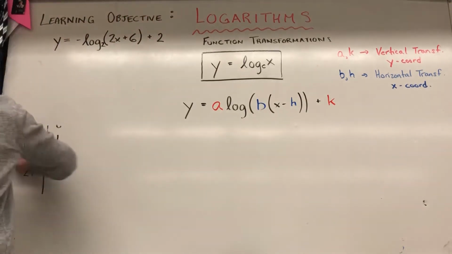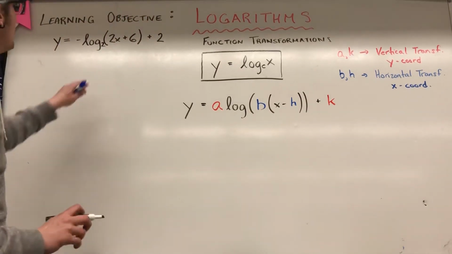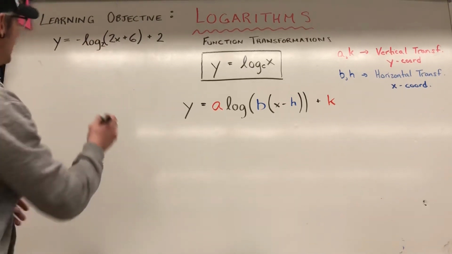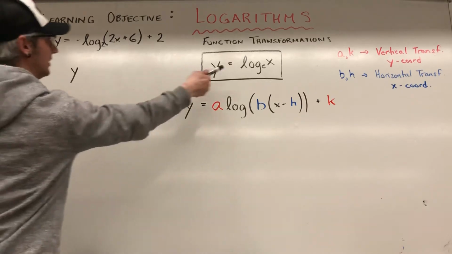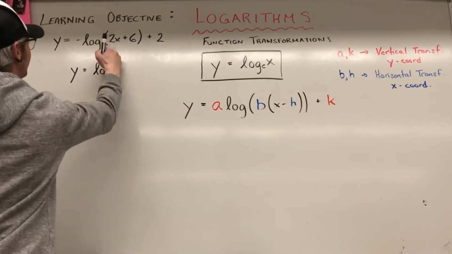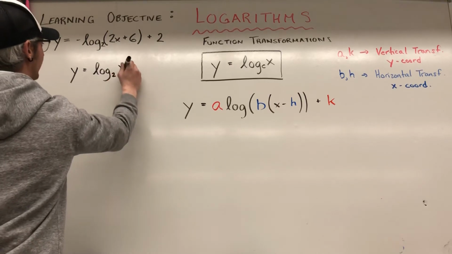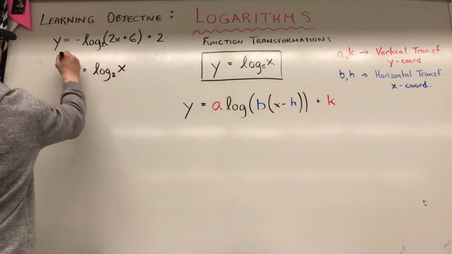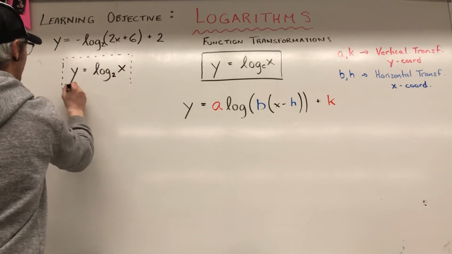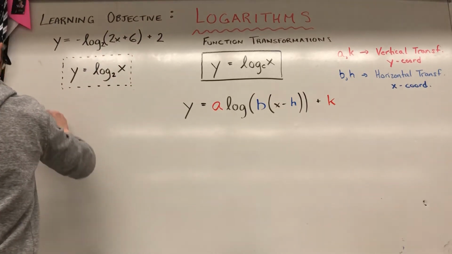So, step 1 is let's figure out what our original function that this transformation is based on, and that's easy enough to do. Looking here, it's just going to be equal to log base 2 of x. There's my original function. Okay, so now let's make a table of values for this function.